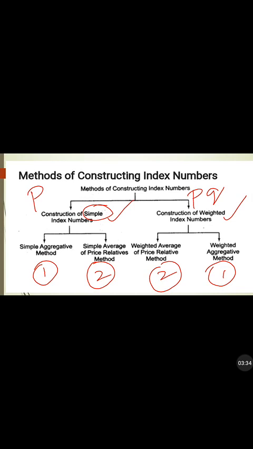Similarly, in simple index numbers we have simple average of price relative, and under weighted index numbers we have weighted average of price relative method. So totally we have four methods under the construction of index numbers.